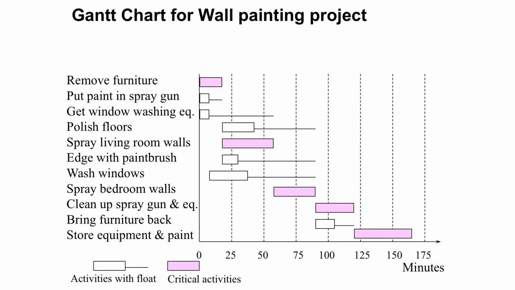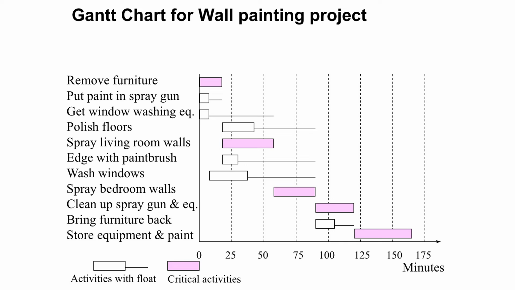But also the floats are marked with tails after those non-critical activities, which indicate how we can shift the actual place of the activity, for example, due to resource constraints. In this particular case, we have started all the activities at their earliest possible start.